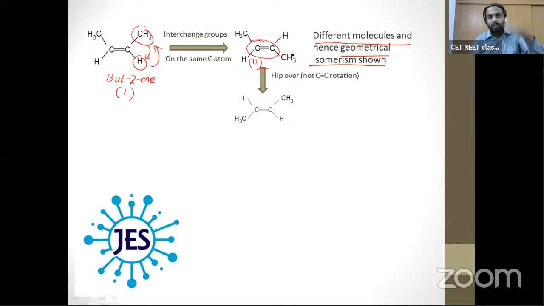You flip over structure 2, you still get something different from structure 1. And this flipped over structure is same as structure 2. Adu idu same, ವ್ಯತ್ಯಾಸ ಇರಲ್ಲ. Because if you flip it over, you get point to point match. Okay. This type of isomerism is called geometrical isomerism.